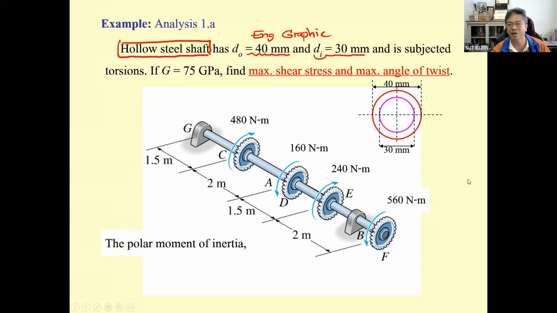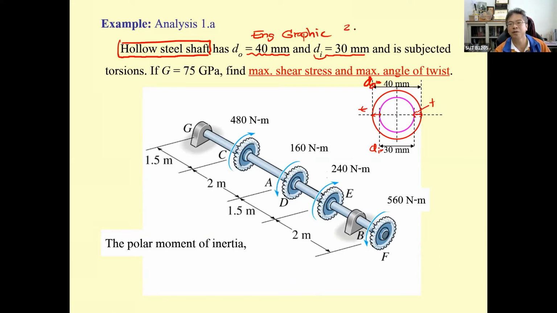Okay, this is going to be the d sub O. This is going to be the d sub I. And you are supposed to know this is going to be the thickness, based upon engineering graphics.